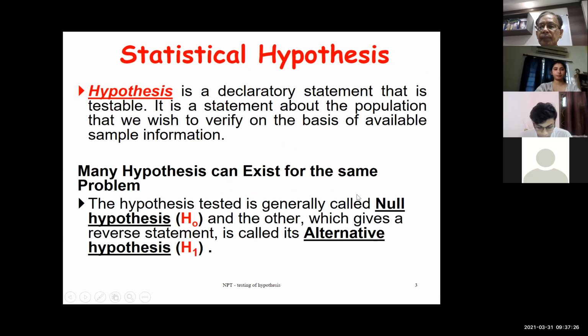And just a quick recap. Those who recall, a hypothesis is an assumption or a presumption or a proposition which can be framed as a declarative statement.